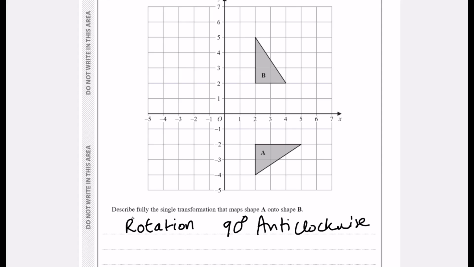1, it's a rotation. 2, how far it's been spun around. And 3, the center of the rotation. That's where you hold the tracing paper to spin it around. And it's going to be at the origin. So if you had this shape here, that's where you're starting. And you're spinning it around.